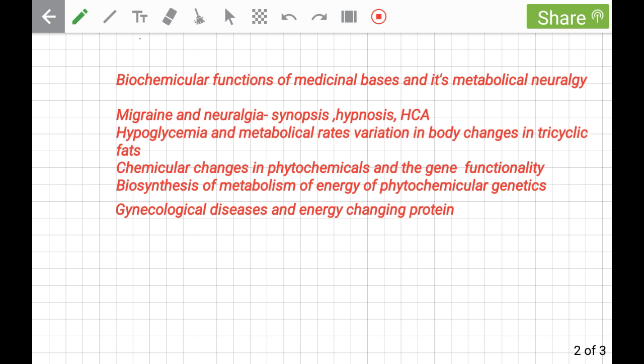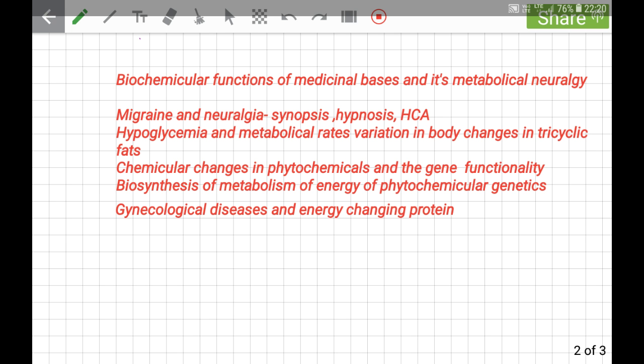The energy variation from high rate to low rate is also there. The gene expression, the gene functionality is there. The gene releases the hormone. The gene controls the whole structural cell. So it prompts us to release the hormones also.